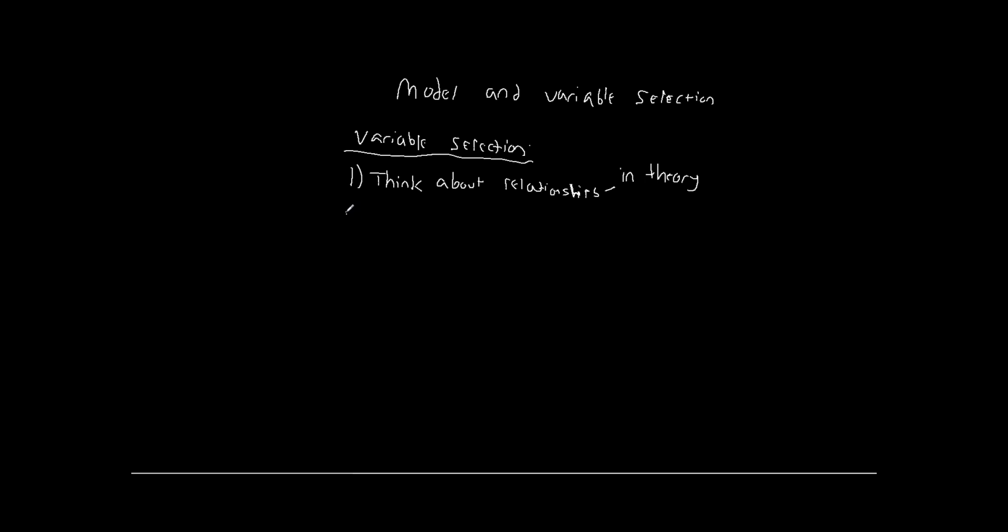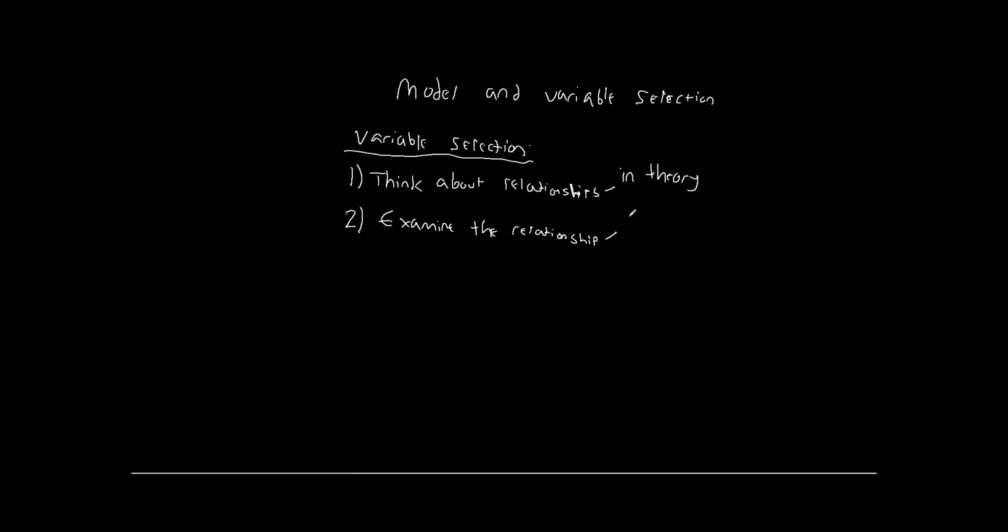So the second step, once you think there's a relationship there, is going to be to actually examine the relationships. And I'm not talking about putting them in a model yet.